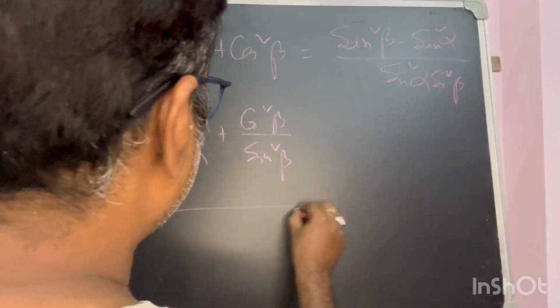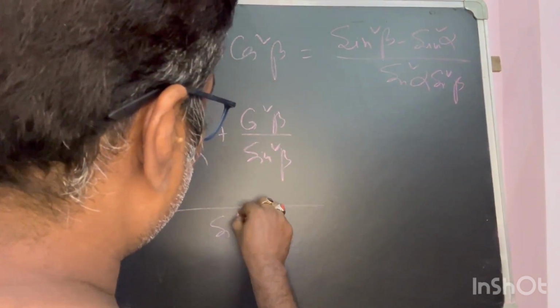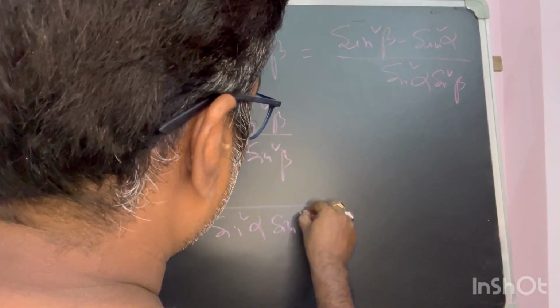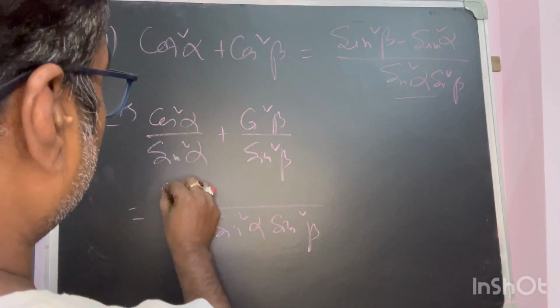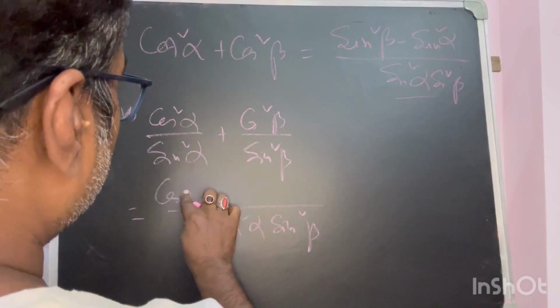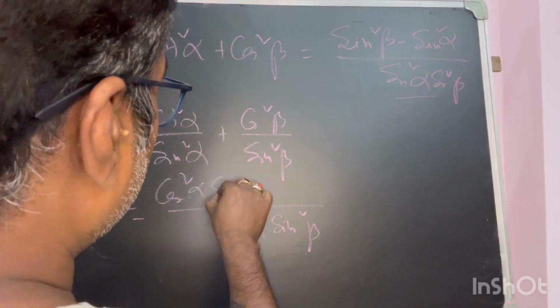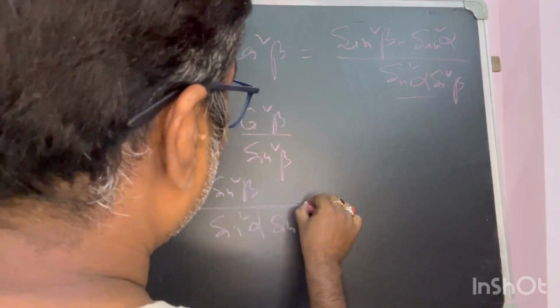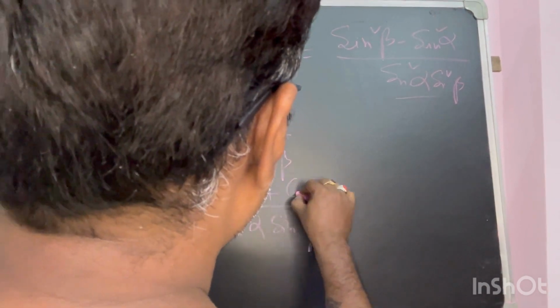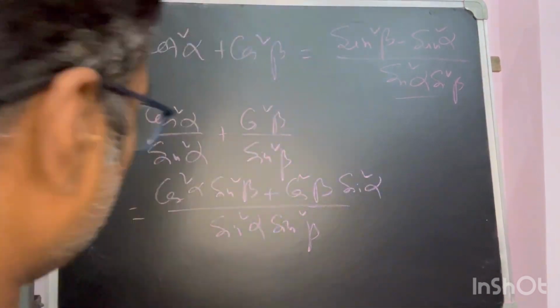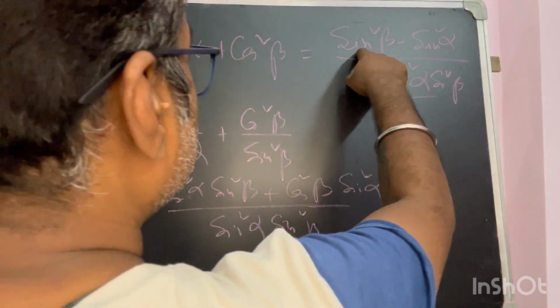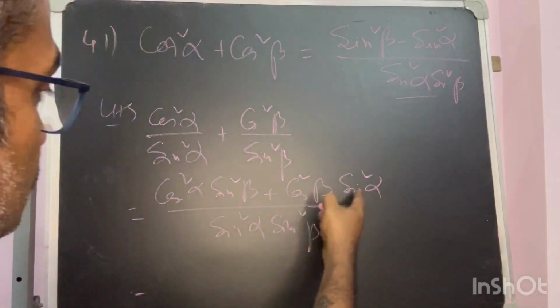Now if we add it, sine square alpha and sine square beta, that bottom part is already matching here. The only thing is that whatever you are getting here has to be managed somehow, so that you will get the term at the denominator. So cos square beta sine square alpha. You can see this is sine square beta sine square alpha, there is no cos involved in that.